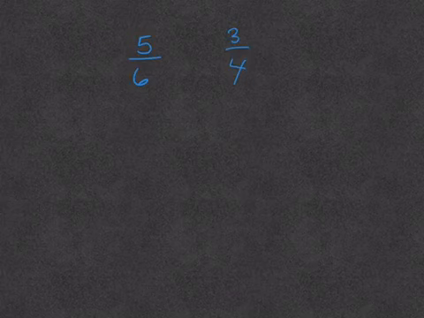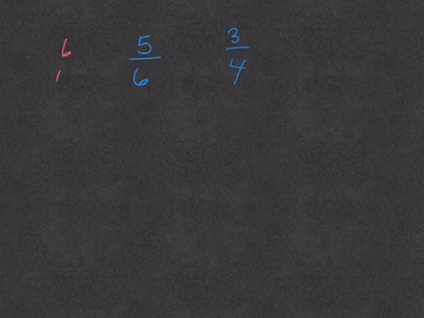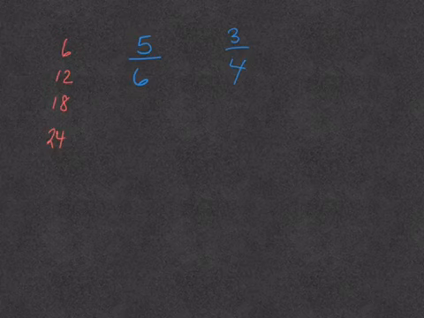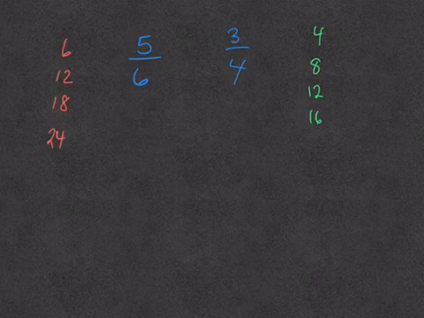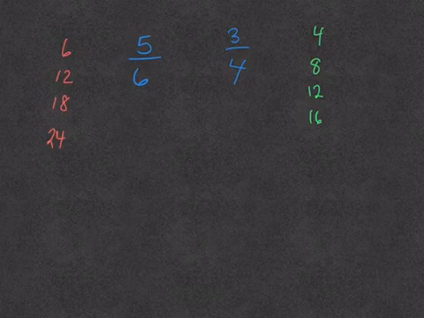Listing out the multiples of 6 would be 6, 12, 18, 24. Listing out the multiples of 4 would be 4, 8, 12, 16. I found a match right there at 12. So let me go ahead and get that highlighted.